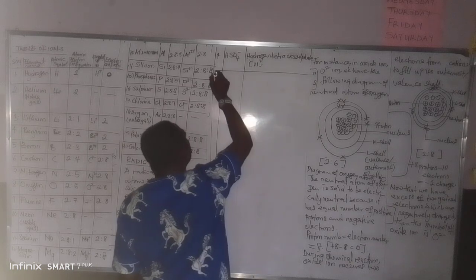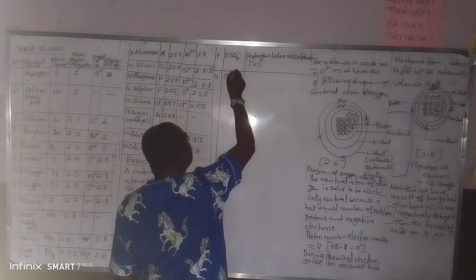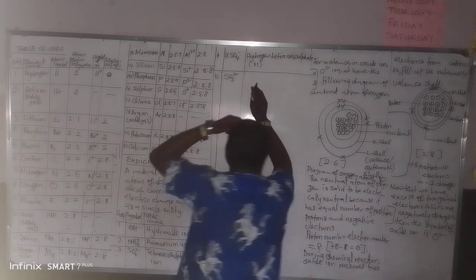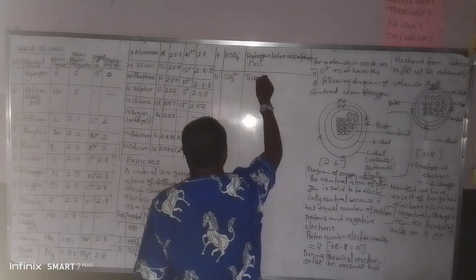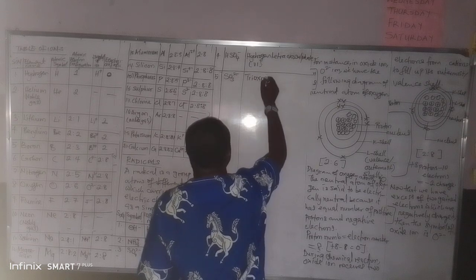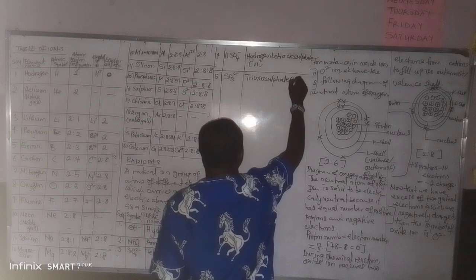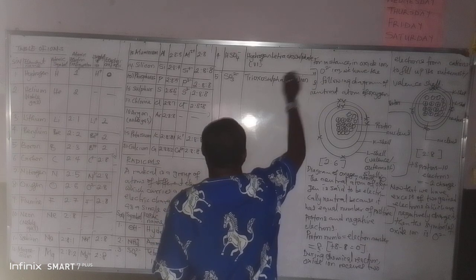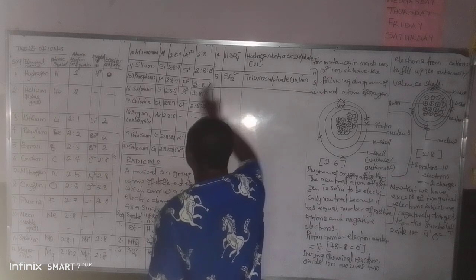So then number 5, we can have SO3 2 minus. Now this one is tri. This oxygen is oxo. This sulfur is sulfate. But this time around, it's going to be IV ion. That is trioxosulfate IV ion. You can no longer use this rule.